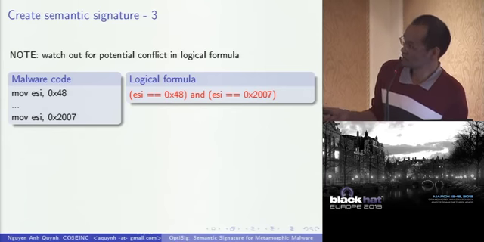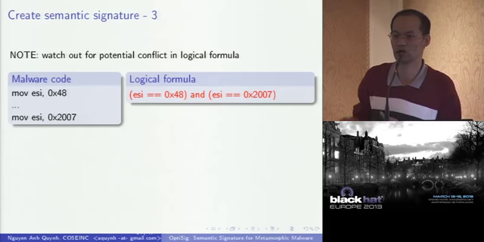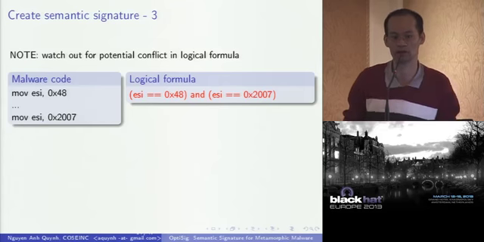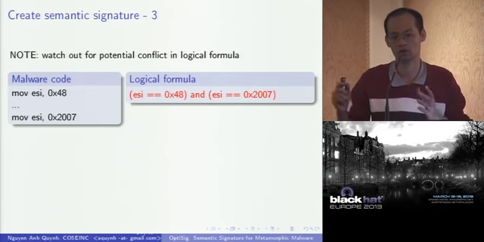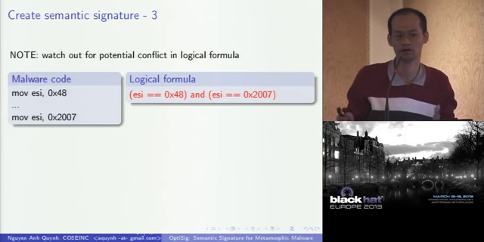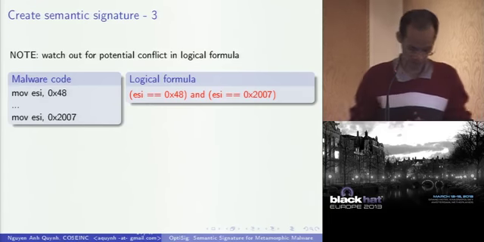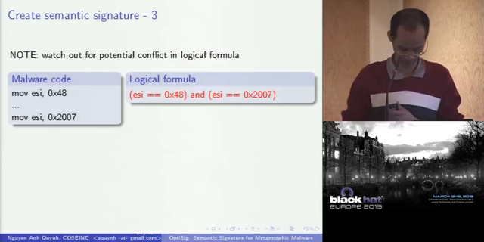So this is not acceptable. You cannot have ESI as 48 and later ESI as 207. It's a conflict in the logical formula, and a logical formula doesn't accept conflict. So how do we solve this problem?